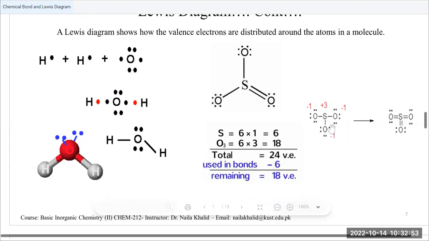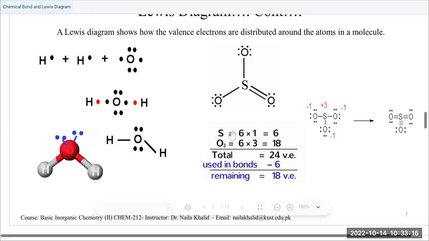The stable condition is that sulfur and each oxygen form a double bond. And this shows that sulfur does not follow the octet rule here. It is somewhat of a violation. It is due to the expansion of the orbital in S. So here sulfur will form 6 bonds and you will get this type of structure.